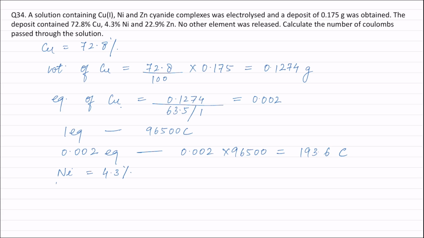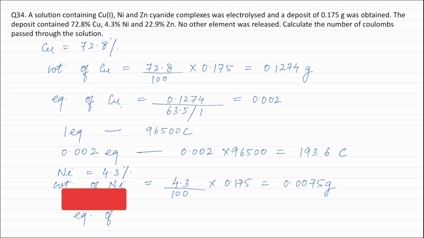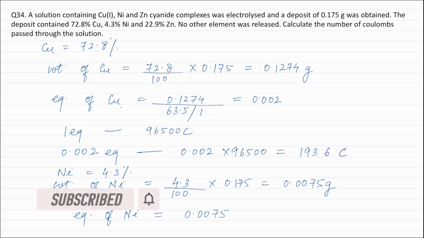Similarly, the percentage of nickel present is equal to 4.3%. Therefore, weight of nickel will be equal to 4.3 by 100 into 0.175 gram, and this is equal to 0.0075 gram. From this, equivalent of nickel will be equal to weight of nickel, that is 0.0075 gram, divided by equivalent weight of nickel.